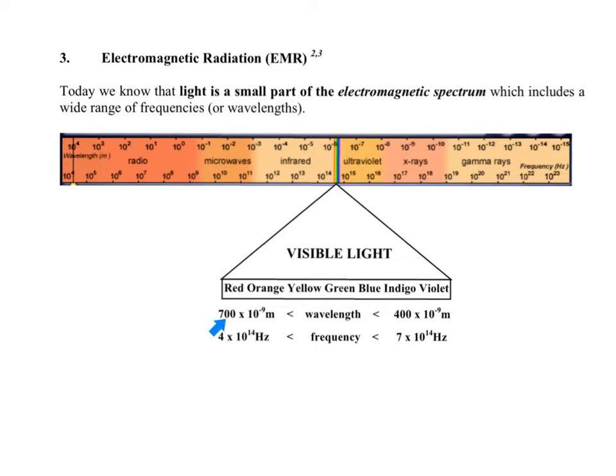We see here that red light ranges from about 700 nanometers, or 700 times 10 to the -9 meters, to violet light, which is approximately 400 times 10 to the -9 meters. The electromagnetic spectrum also includes radio waves, microwaves, infrared radiation, ultraviolet radiation, X-rays and gamma rays.